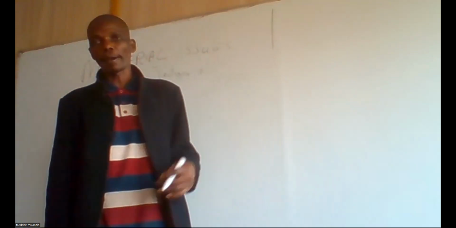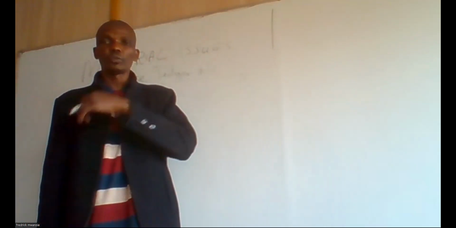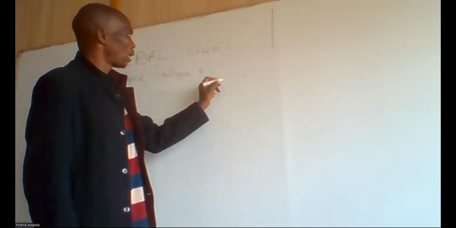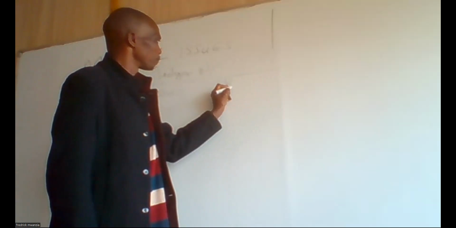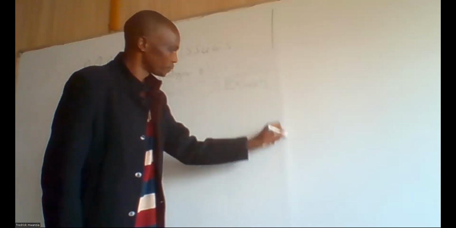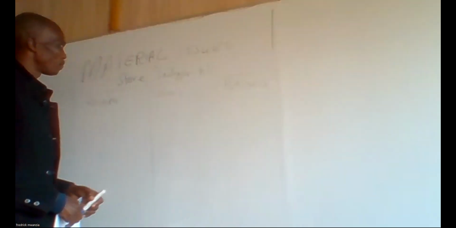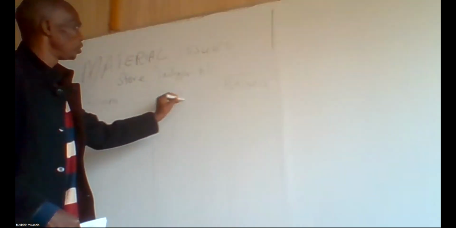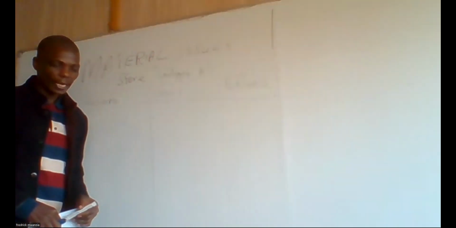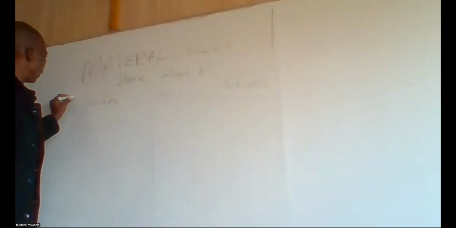It will be reduced by the amount of the goods that we have issued to the production department. And the last column is called balance. So remember what I'm saying? Receipts, issues, balance.